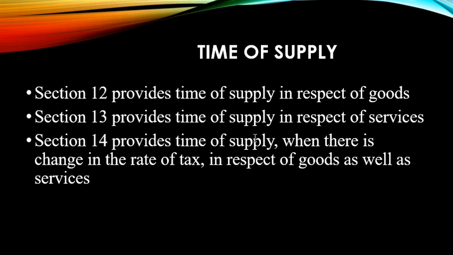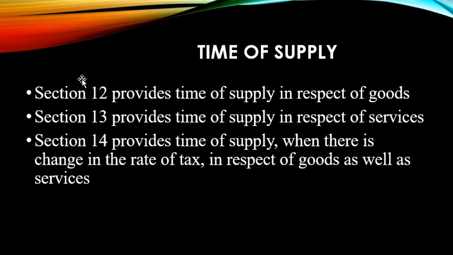When a supply is made, how is it calculated? Based on time. So how is it treated? Time of supply is the point in time when the liability to pay tax arises. It is the point at which the tax is supposed to be paid to the authorities. Time of supply is defined under sections 12, 13 and 14 of the CGST Act 2017.